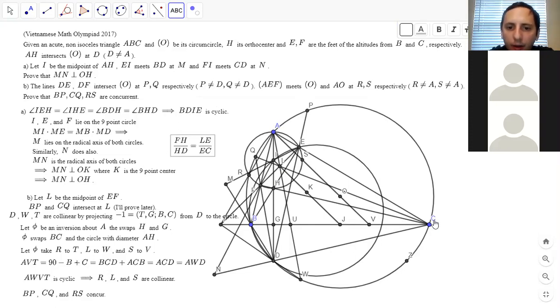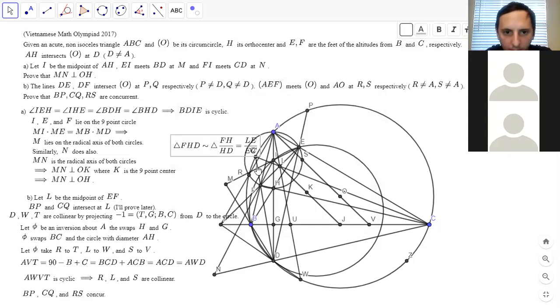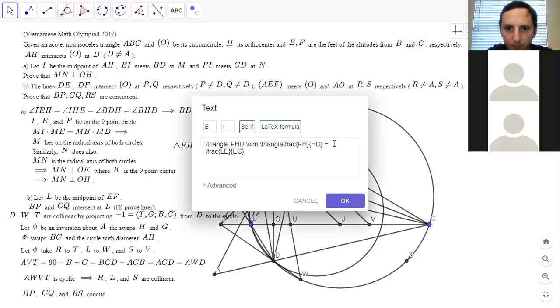So FH over HG is equal to FE over EC. All right. So FHD is similar to LEC.